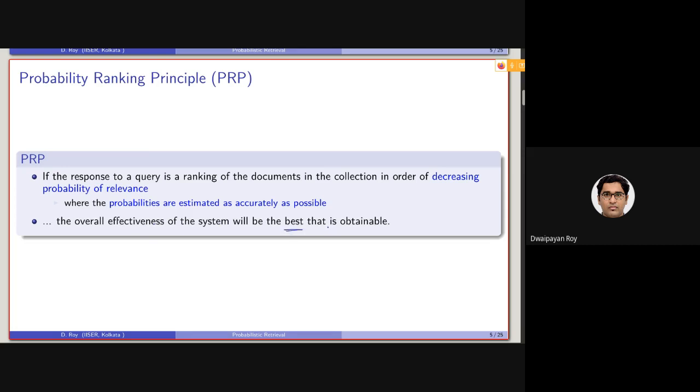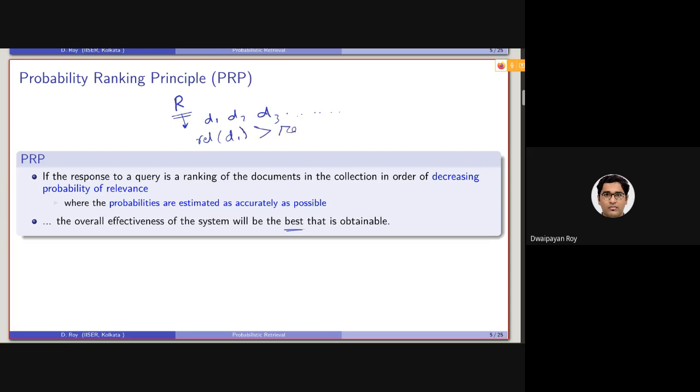It seems very intuitive. Let me repeat the concept. If we have a retrieval system, the performance of the retrieval system will be the best when, for a given query, it produces a set of documents D1, D2, D3, and so on, whose relevance is ordered in the same order in which they are produced.